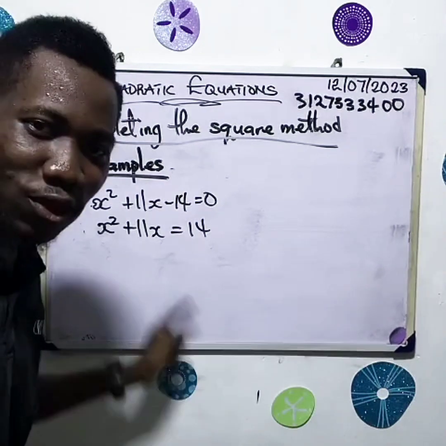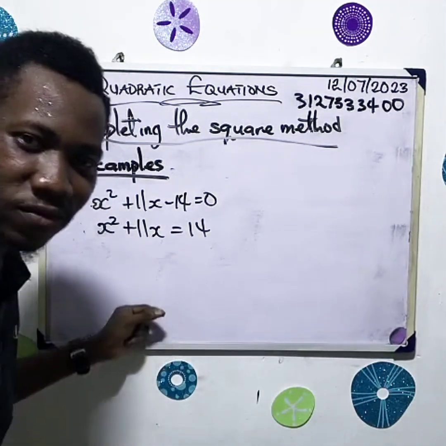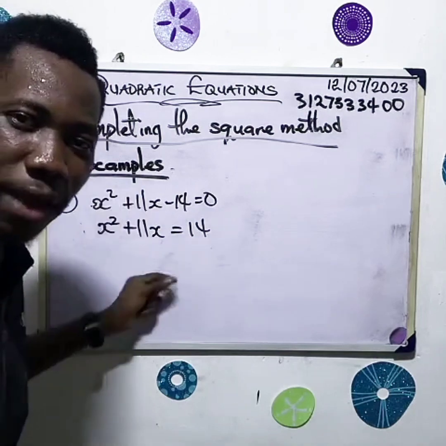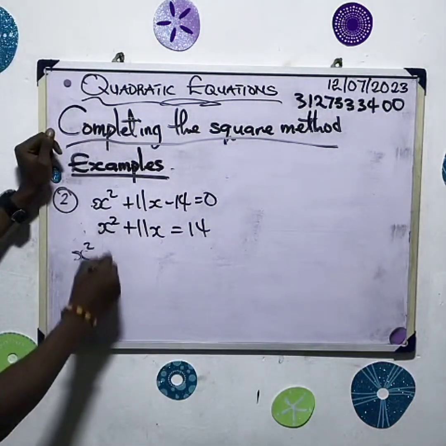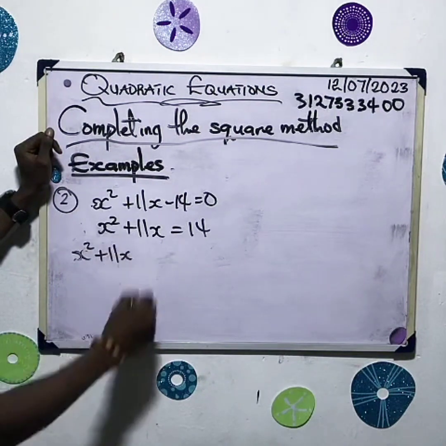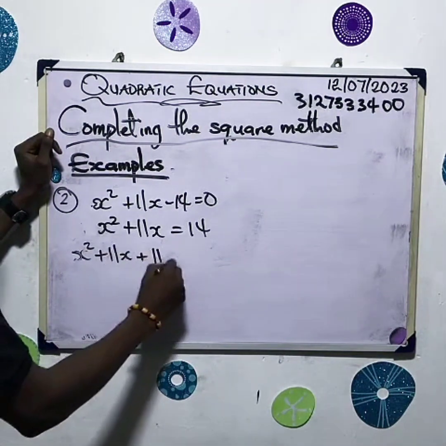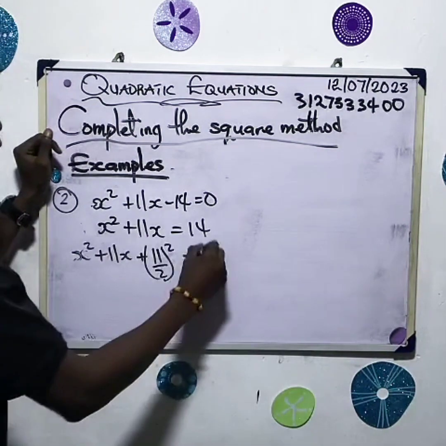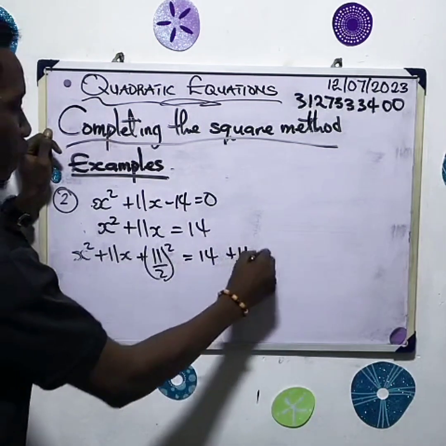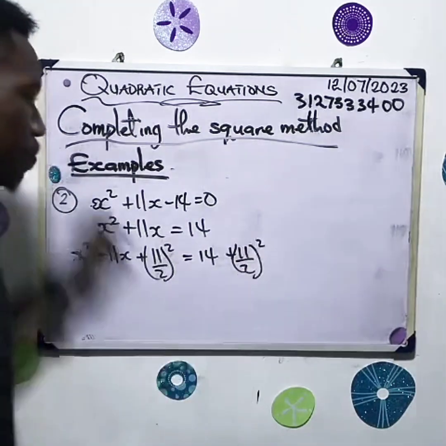So you're going to have x squared plus 11x plus 11 over 2 squared. You've added it here, you add it on this side also: 14 plus 11 over 2 squared.